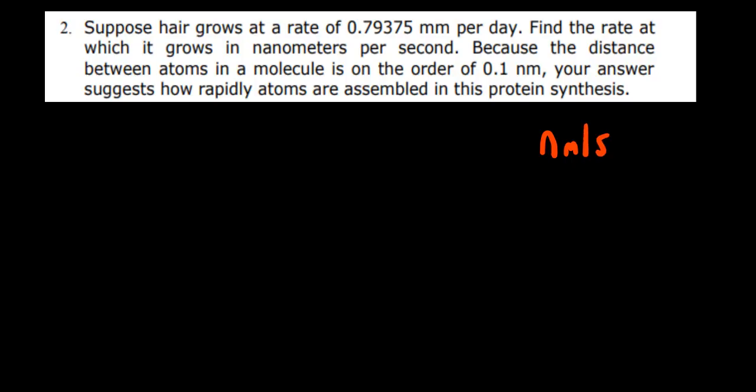Because the distance between atoms in a molecule is on the order of 0.1 nanometers, your answer suggests how rapidly atoms are assembled in this protein synthesis. So they've told us to find the rate at which it grows in nanometers.